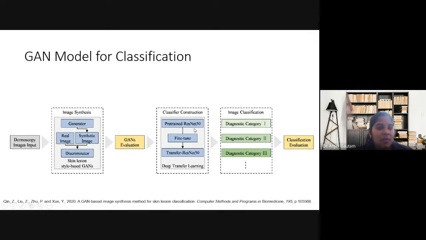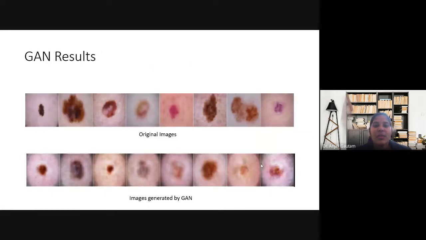They have used the pre-trained ResNet 50 model, fine-tuning and performing deep transfer learning, using both real and synthetic images to perform classification into various categories. As I have told, there can be carcinoma, basal cell carcinoma, melanoma, and many other categories available for skin cancer classification. So you are using the GAN model for the classification.